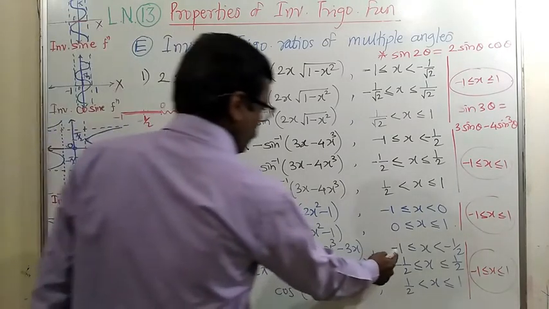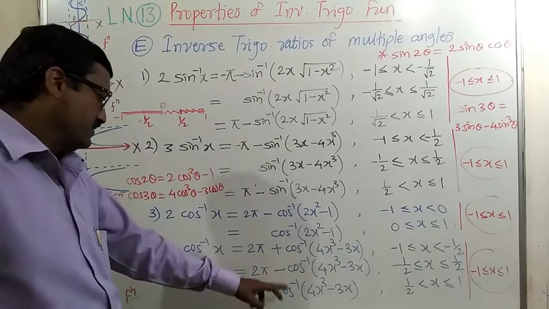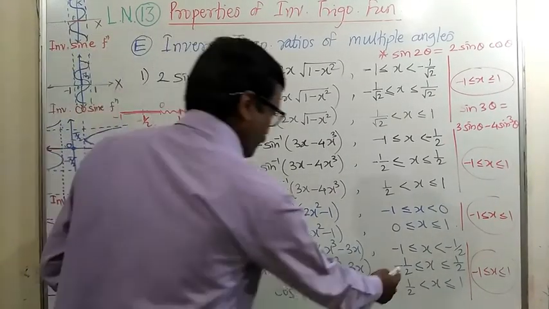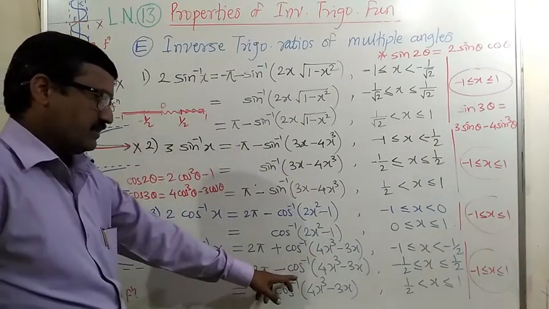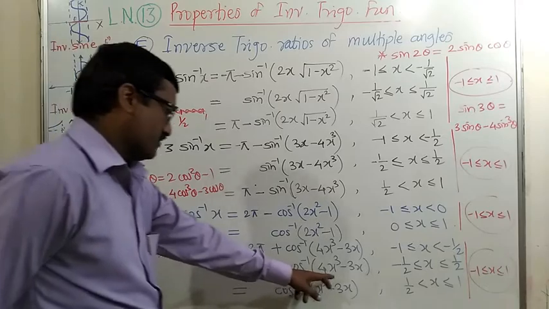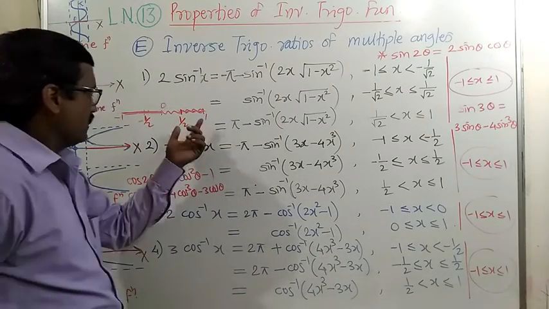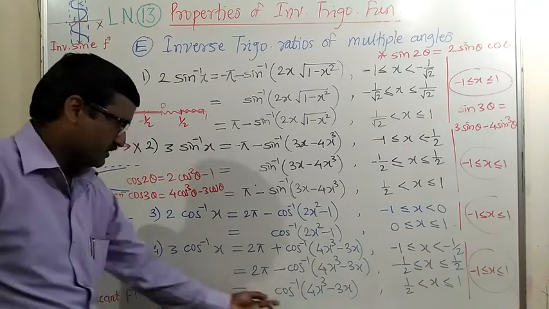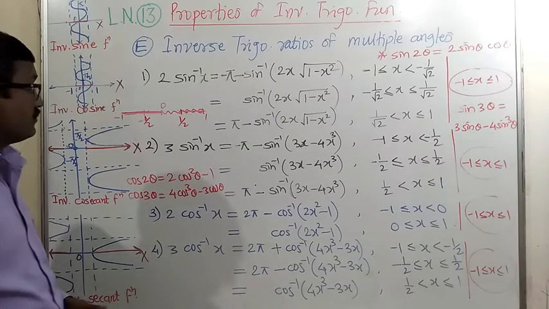Here minus 1 to minus half, it is 2 pi plus cos inverse, the same. When minus half to plus half, it is 2 pi minus cos inverse of 4x cube minus 3x. When x is half to 1, then 3 cos inverse x is equal to cos inverse of 4x cube minus 3x. Okay, these are the formulae.